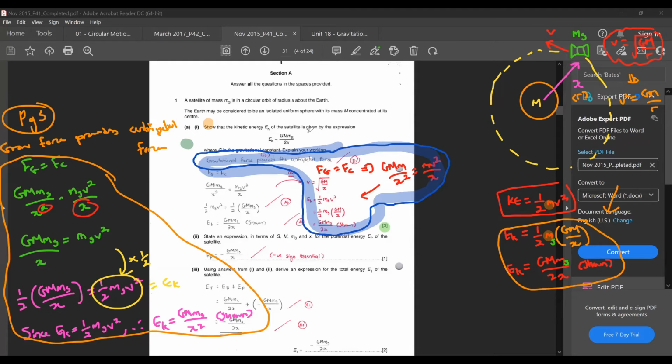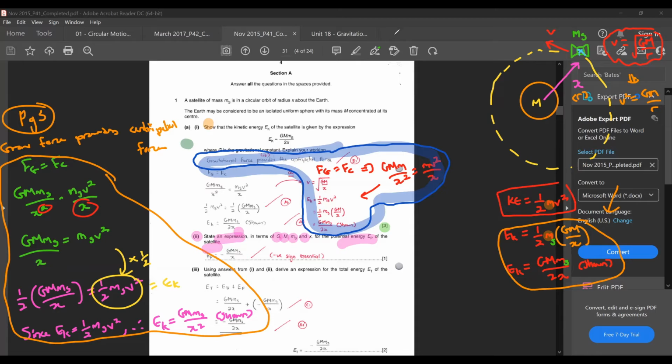Now, for the second part of your question, they ask you, state an expression in terms of G, M, Ms, and X for the potential energy EP of your satellite. Okay, what would be the potential energy of your satellite that is now orbiting around your planet with mass M? What is the GPE at this point?